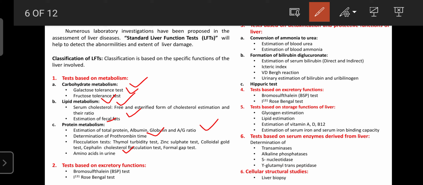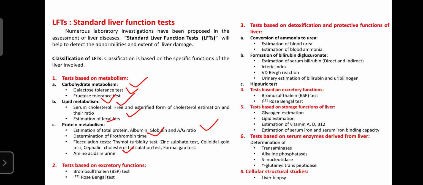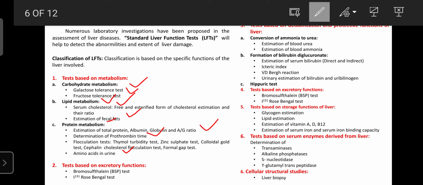Then the third one is the test based on the detoxification or protective functions of the liver, like conversion of ammonia to urea. That can be assessed through estimations of blood urea and blood ammonia.